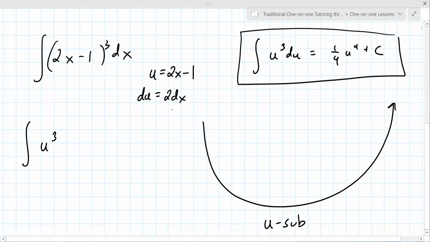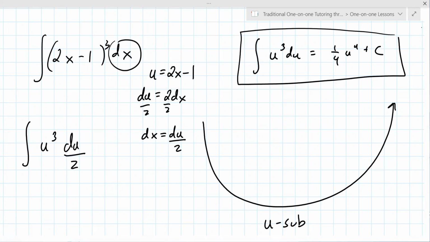And then I mentioned you have to solve for dx. So you divide both sides by 2, dx equals du over 2. So instead of dx, you're going to put in du over 2. Okay, and the reason we do that is because now it's something we can do.